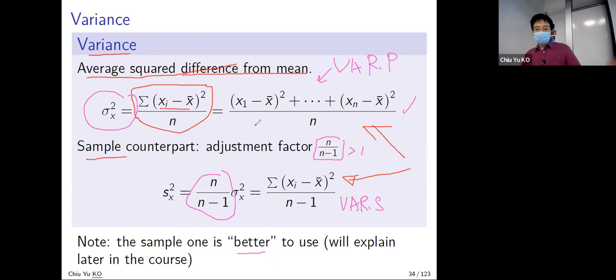But let me remind you that our goal is to measure the average distance from the mean. That is our goal. Measuring that can have some problems when you only get a small sample, so you do an adjustment. You can easily see that when n is large, n over n minus 1 is very close to 1.